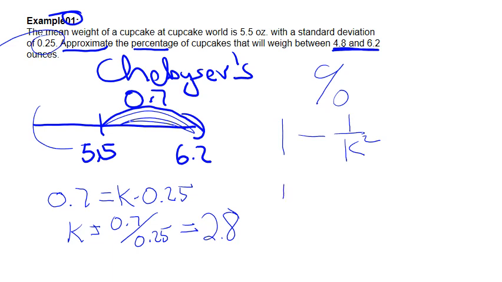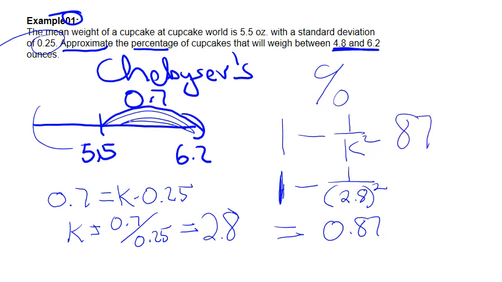I substitute in k. You do the math. If you did the math correctly, and I did the math correctly, which I believe I did twice, I get 0.87. So about 87%, at least really for Chebyshev's. It's really at least that. Well, 87%. There you go.